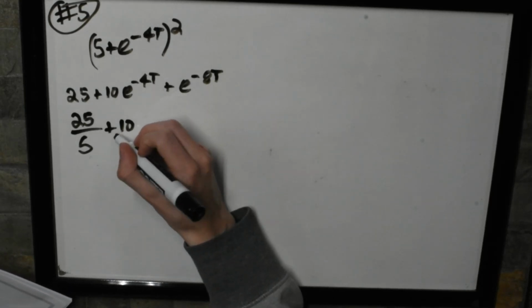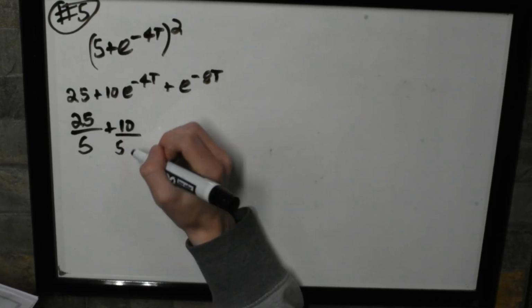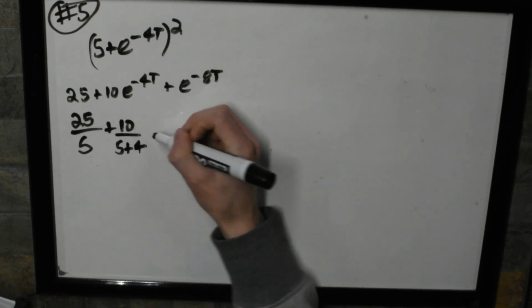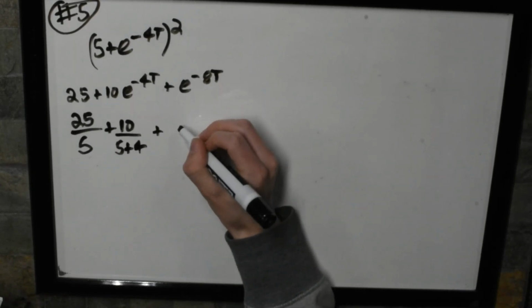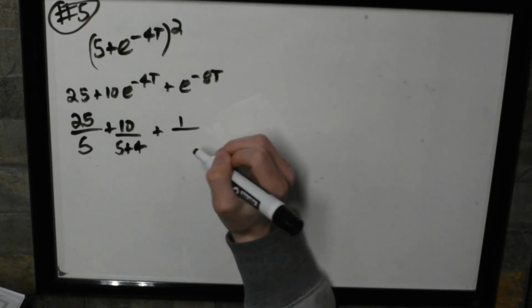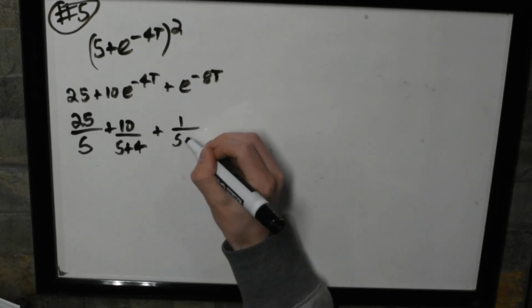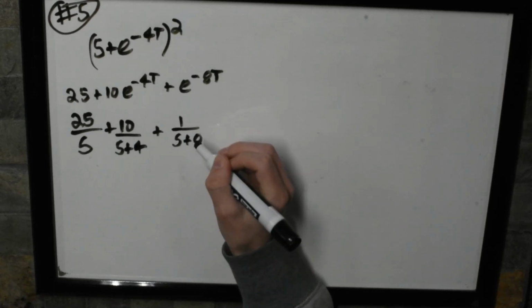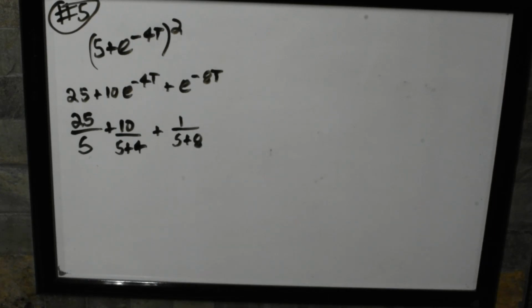So we're going to get s minus alpha, double negatives gives us a plus 4, plus 1 over, and again, this is the same property as the previous, s, double negative gives us 8. And that is going to be the Laplace transform of this function.